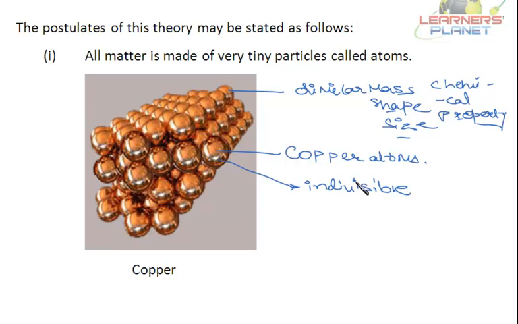Now it is the atoms which combine in fixed ratio or in simple ratio. And last but not the least, the relative number and kinds of atoms are constant in a given compound. They do not vary. Right? So these are the postulates of Dalton's atomic theory.